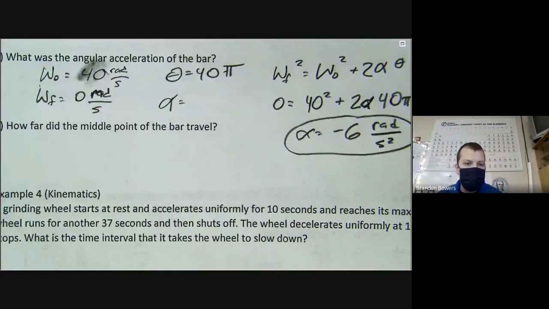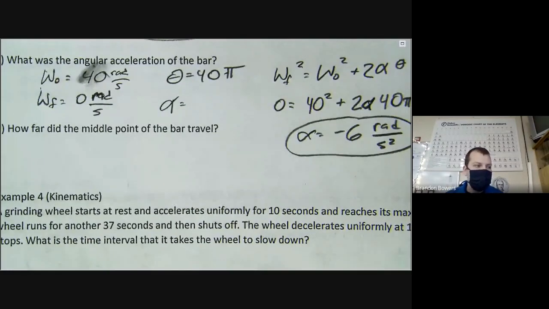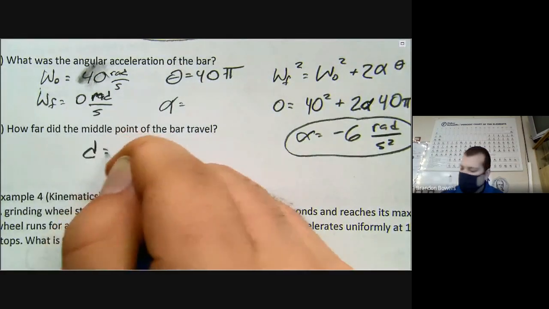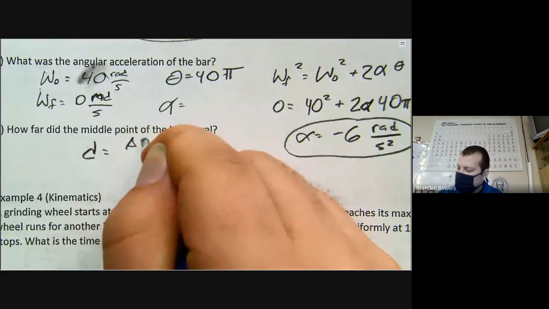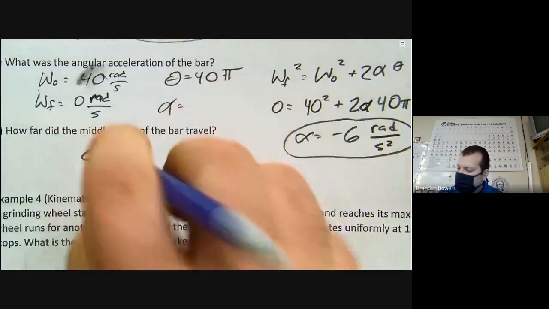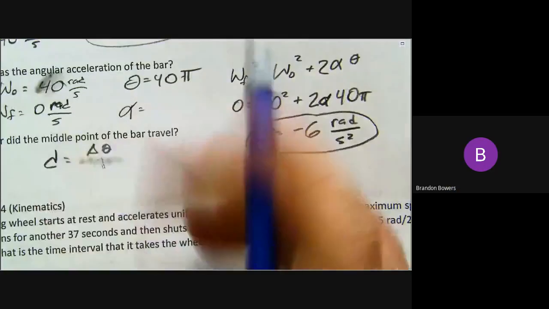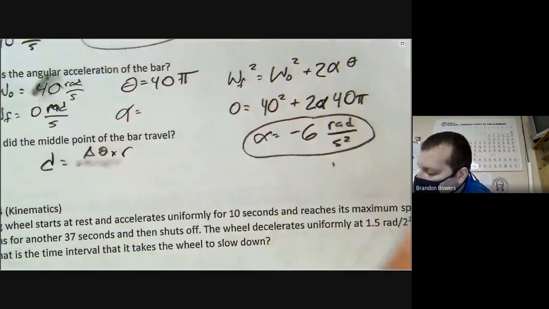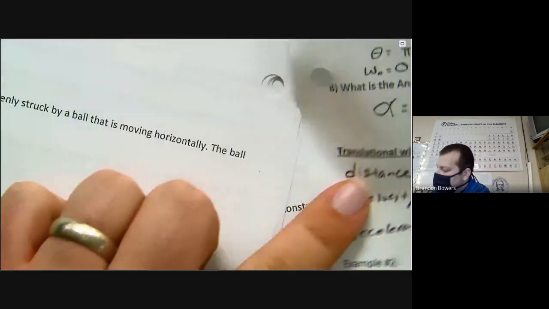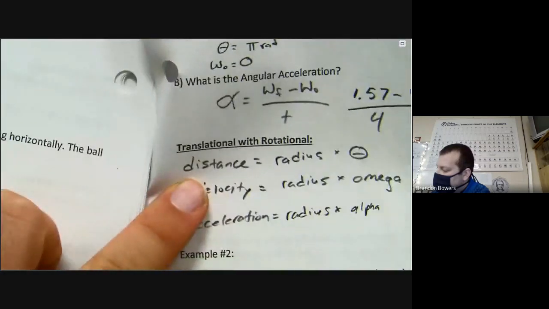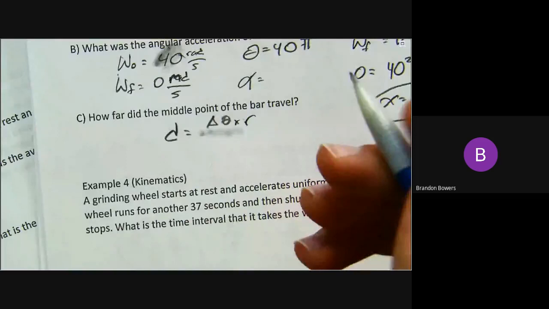Now, if we want to find how far the middle point of the bar traveled, distance is equal to the radius times theta. Theta was 40 pi.